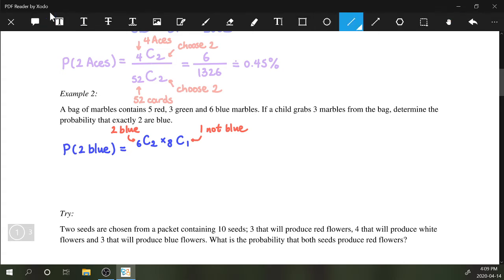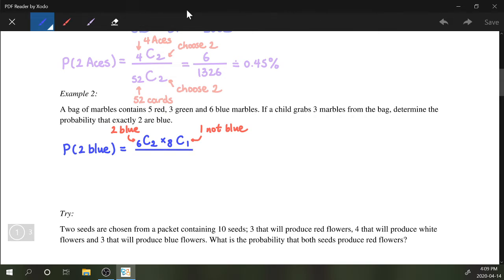And of course, as usual, we're going to divide by the total number of outcomes in the sample space. So there are how many marbles? Let's see, 5 plus 3 plus 6. So that's 14 marbles. And we can choose any 3. So that will just be 14, choose 3. Okay, so if you use a calculator for this, 6 choose 2 is 15. 8 choose 1 is of course just 8.